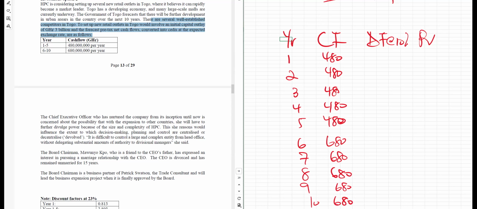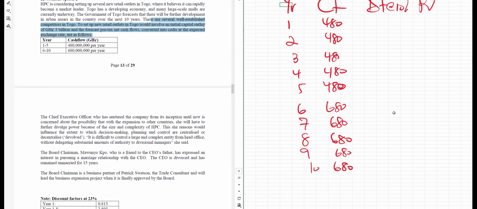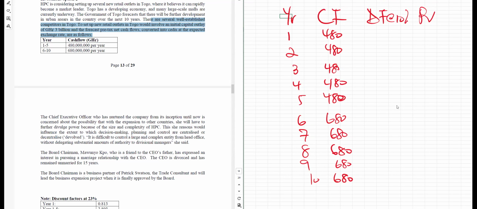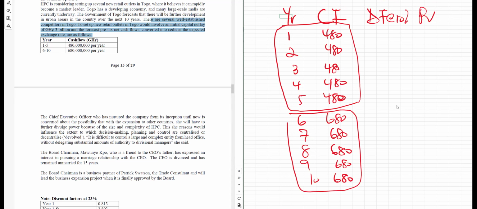Do you understand? Yes. This is what they are saying. So here is an annuity for how many years? 5. 1 to 5. Here is an annuity for how many years? 5 years as well. But this one is from year 6 to year 10, while this is from year 1 to year 5. So this one is straightforward. 5-year annuity, straight.